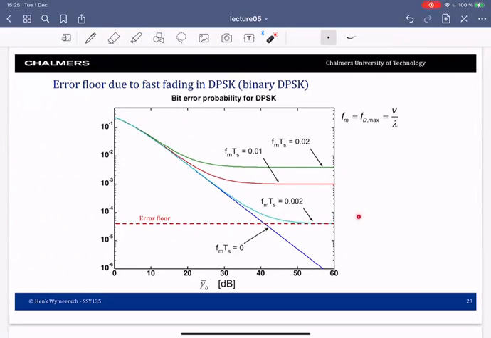So no matter how high the SNR is, you're limited in terms of performance. And this error floor will go up when the velocity increases. And at some point, if the velocity is too high, your symbol error rate will just be very high all the time, no matter what the SNR is. So I would say that this differential phase shift keying is not used very widely, but it's something that you can consider when you have a quickly changing channel and you have no way to track it otherwise.